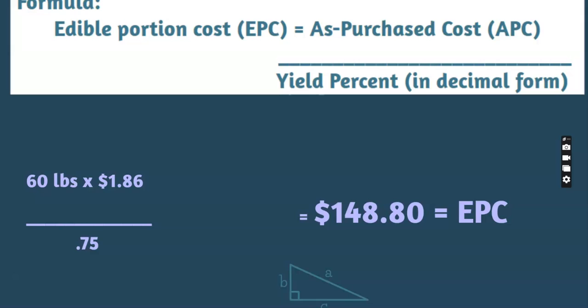Then you divide that by 0.75, because 75% yield percent, putting that as a decimal, and you end up with an EPC of $148.80. All right, so there's that first one.